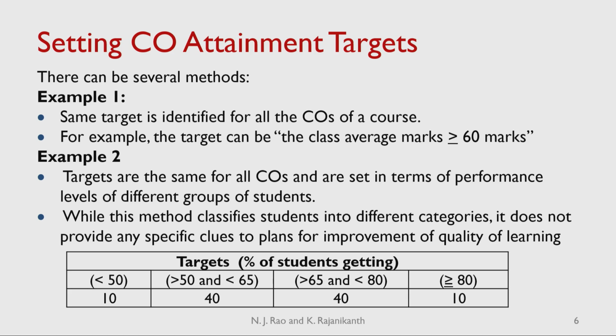And the number of students scoring greater than or equal to 80% marks would be 10% of the total student population. That means this method classifies students into different categories. It does not provide any specific clues to plans for improvement of quality of learning. Thus, though this method looks quite elaborate, it does not seem to be very helpful in terms of improvement plans that the instructor has to make.